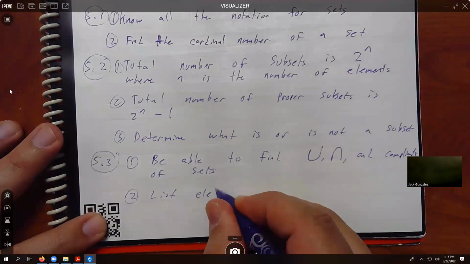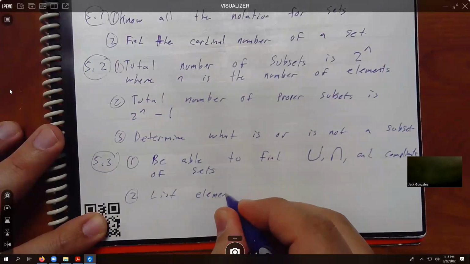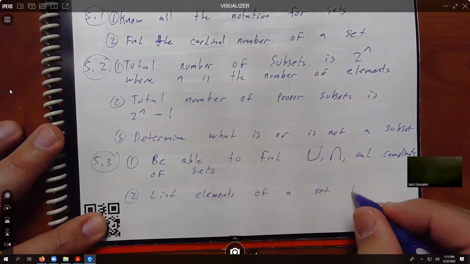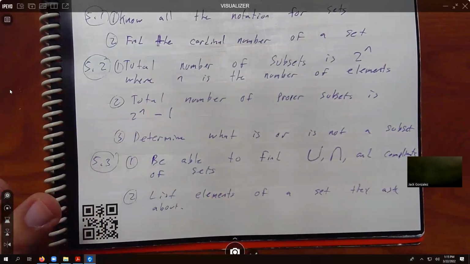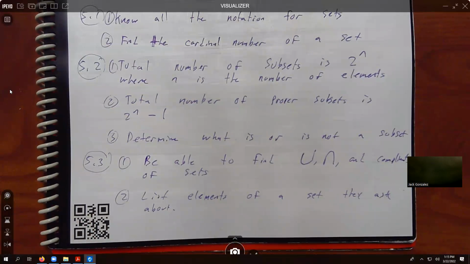List elements of a set they ask about. Okay. So 5-4. Are you guys clear on what to expect on 5-1, 5-2, 5-3? Is that obvious? I'm trying to be as helpful as I can. Let me know if something doesn't make sense.